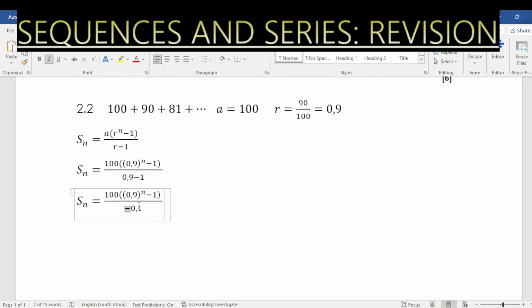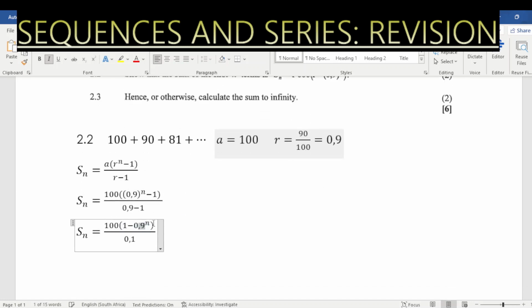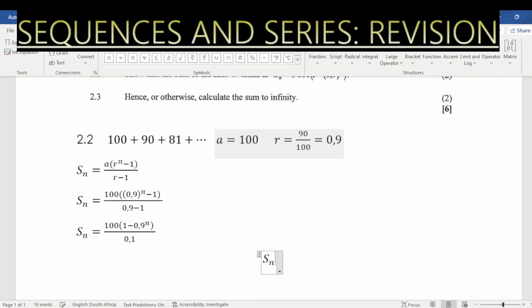Now we can, for example, with this minus over here, if we change this into a plus, then all we do is we switch the bracket around. This time I'm going to leave the brackets out from the 0,9. It doesn't really matter. Now 100 divided by 0,1 is equal to 1,000, which means Sn equals 1,000, and then in brackets 1 minus 0,9 to the n.